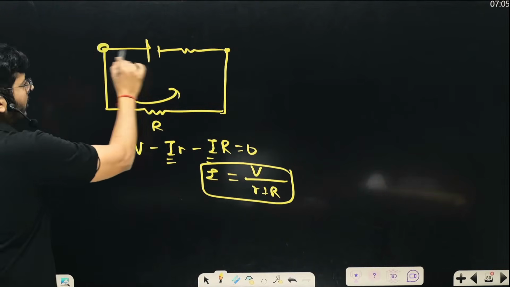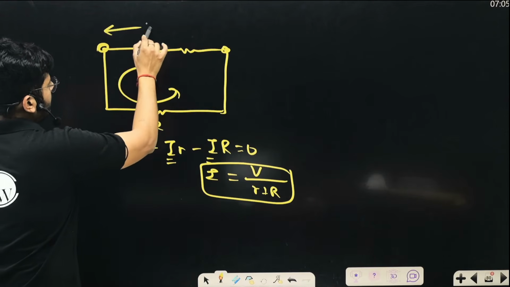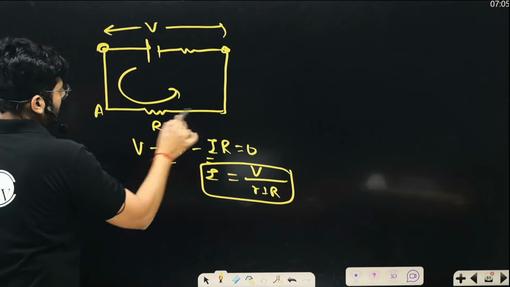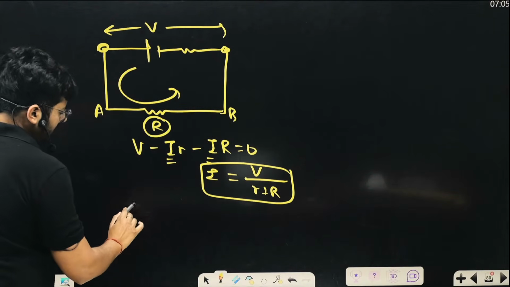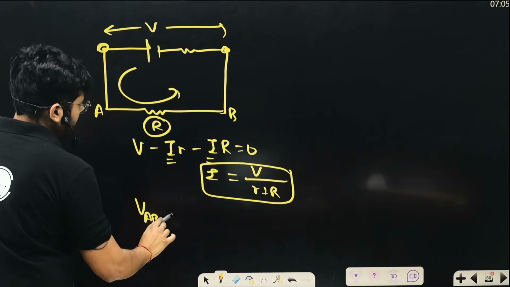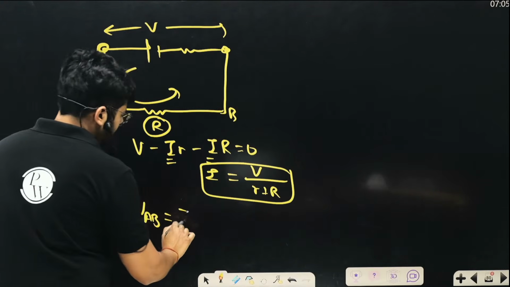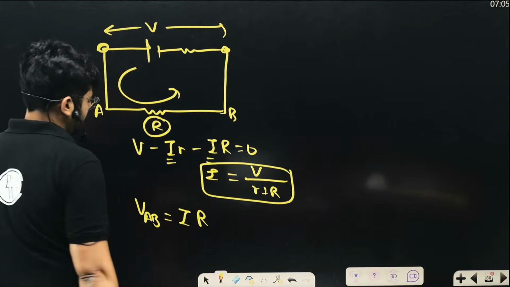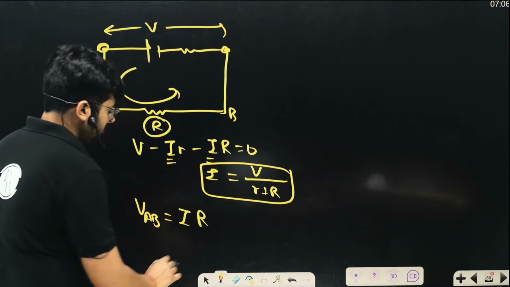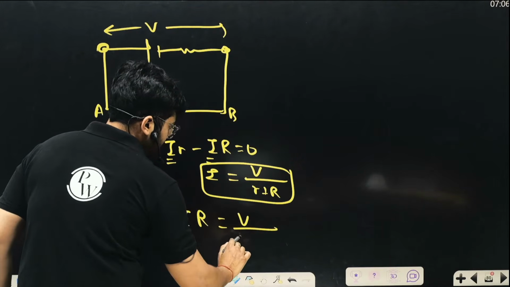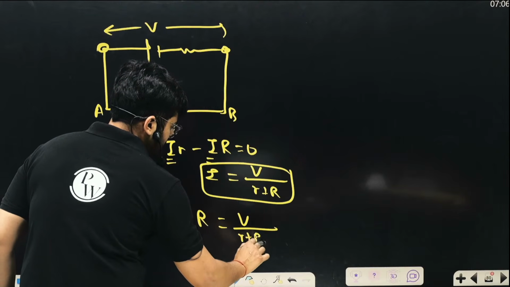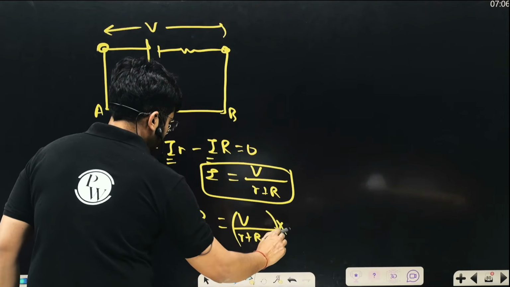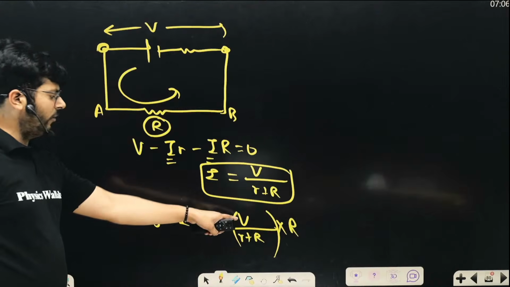Now the terminal voltage is the voltage across the external resistance AB, right? So what will be the voltage across the external resistance? We can say V equals I times the external resistance R. The current through it is E upon R plus r. This is the net current, and the resistance is capital R. So just put all the values.